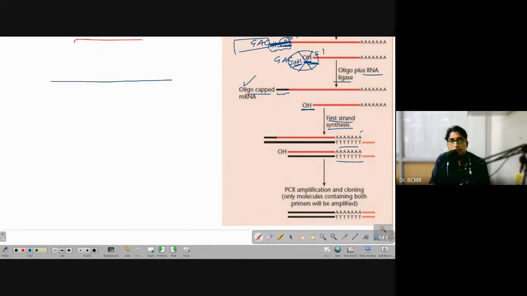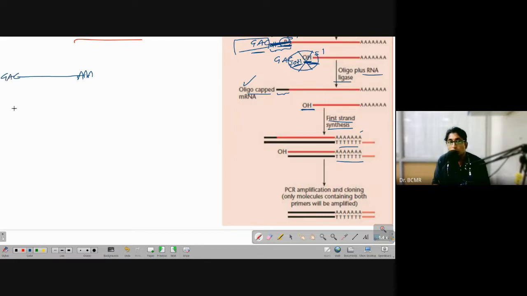So here is the full-length one, already treated, and the oligo cap is there. For ease, I will put a sequence here so that you can follow it. As I said, I'm using GAC, so I'll just continue with that.